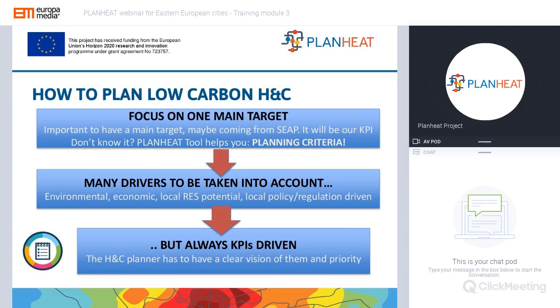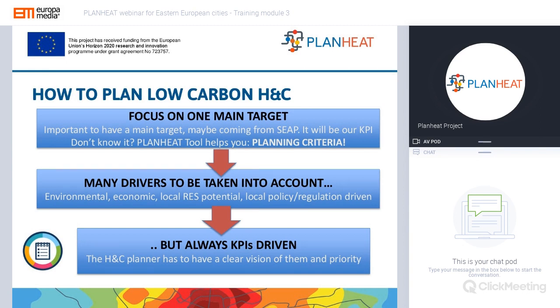So how is it possible then to plan low carbon heating and cooling? First of all, we should concentrate on one single main target. We should decide what our main objectives are, which probably come from the action plans. It can also very possibly be our key performance indicator. But if you are not really aware of that, the PLANHEAT tool can also help you with that planning criteria.